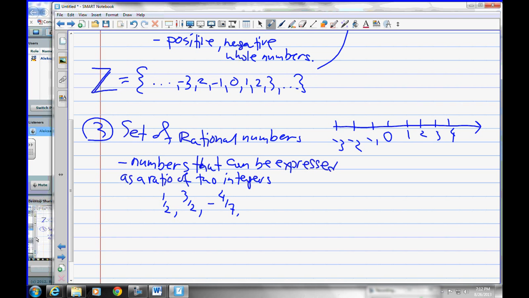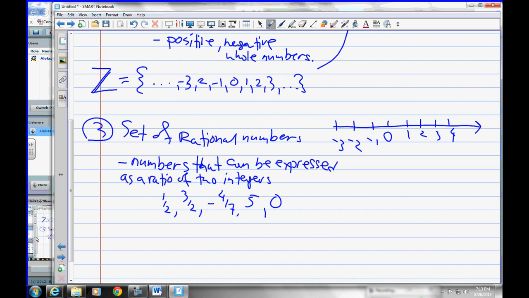How about 5? Is 5 rational? Can I express 5 as a ratio of two integers? Sure. 5 over 1, 25 over 5, so yeah. How about 0? Is 0 rational? Can I express 0 as a ratio of two integers?